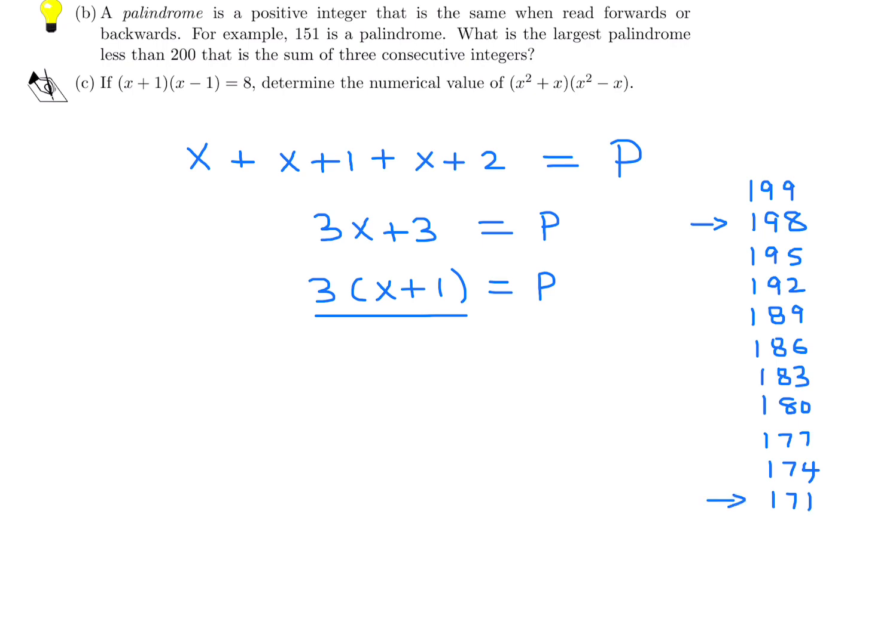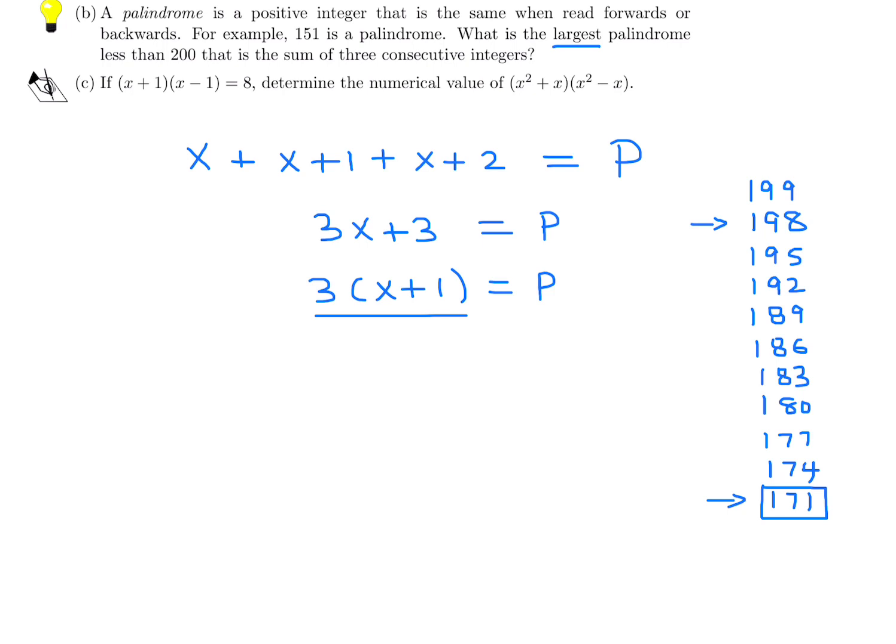And there we go. I just got one. So this number is the largest number, because I could keep going, right? But they want the largest one. So it's the largest number that is a palindrome. Obviously 171 is the same backwards and forward. But it also meets this requirement that it's divisible by 3. And there you go.